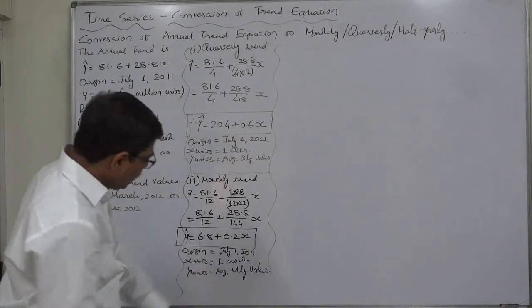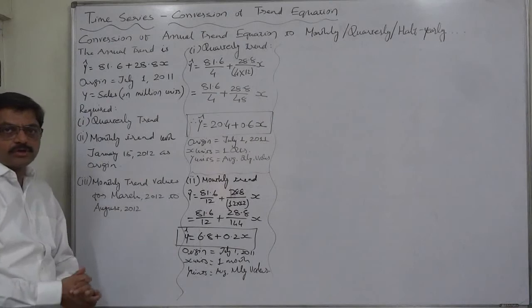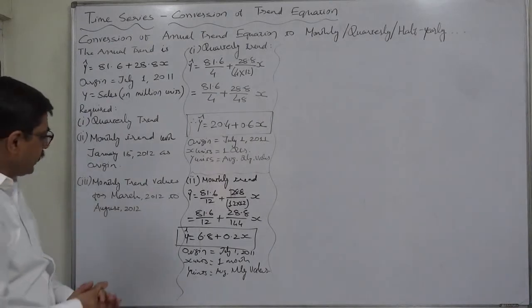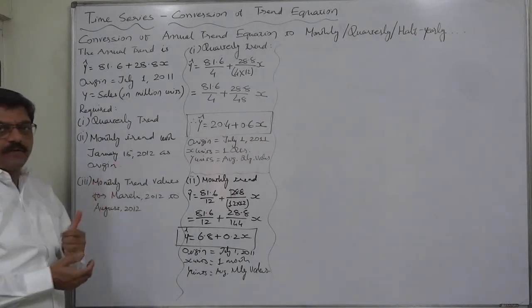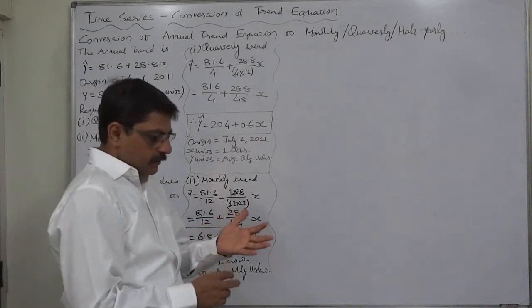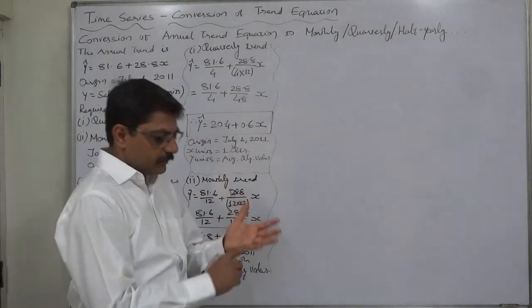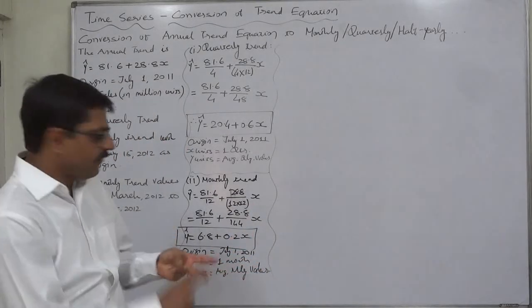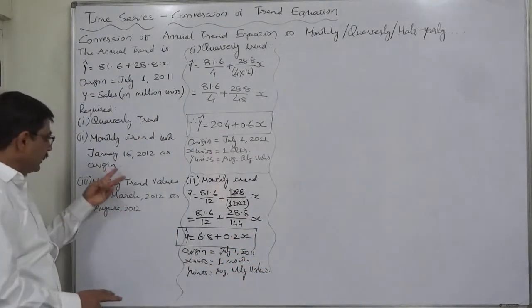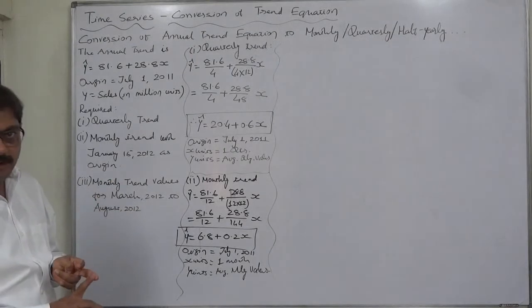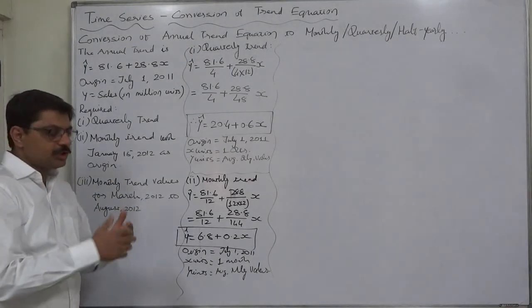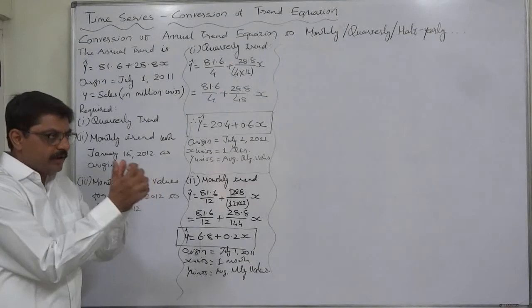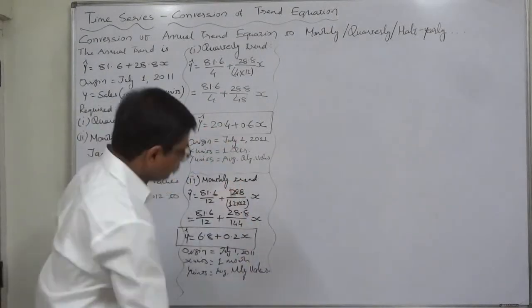Our origin is still July 1, 2011. What should we do? July 1, 2011 and January 15, 2012: July, August, September, October, November, December of 2011 and half month, 15th January, so half month of 2012. We need to shift the origin 6.5 months forward.